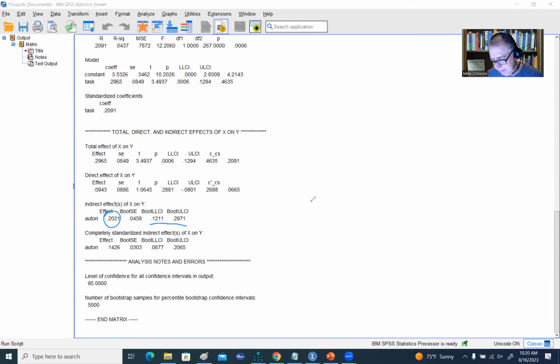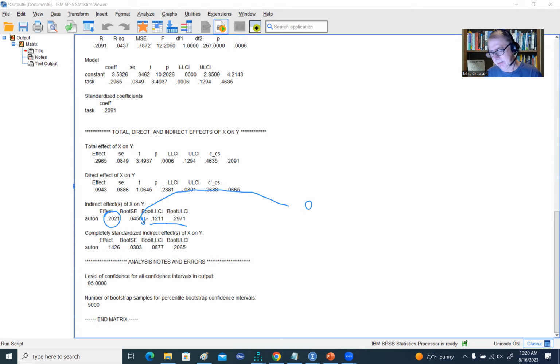Essentially, we assume that the null of 0 reflects no indirect effect or no mediation taking place. So if 0 falls between the lower and the upper bound, then we would conclude that the indirect effect is not statistically significant, and hence it would be inconsistent with the proposition that there's mediation taking place. If 0 falls outside the upper and lower bound, as it does right here, and I'll just highlight it right there, poorly drawn, of course, but it's falling below the lower bound of that confidence interval.